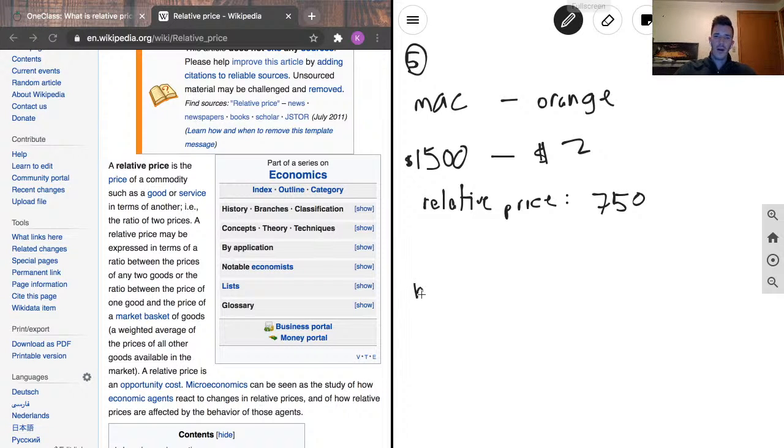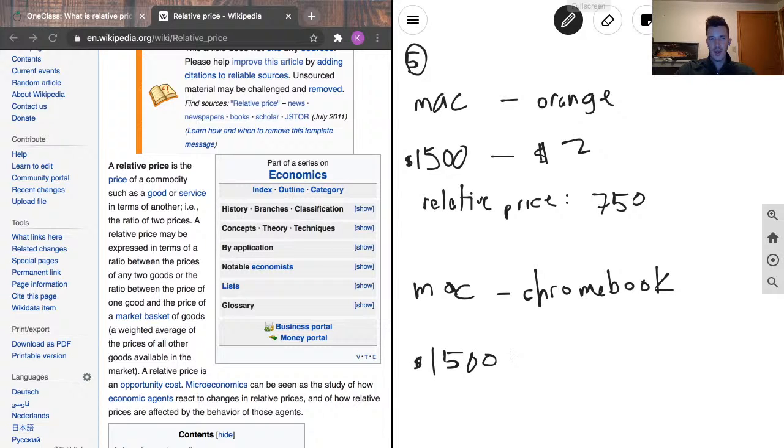However, if you are in the market for a computer and you're comparing a Mac to a Chromebook, I clearly haven't been in the market for a new computer for a while because I have no idea how much a Chromebook costs. But say the Mac's still like $1,500, but the Chromebook's like, I don't know, $1,200.